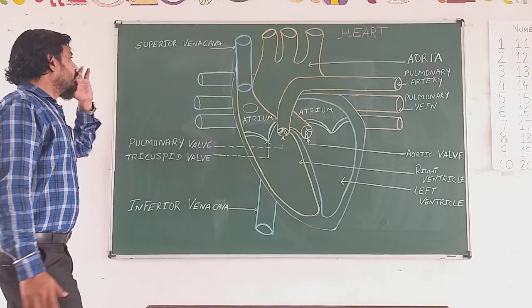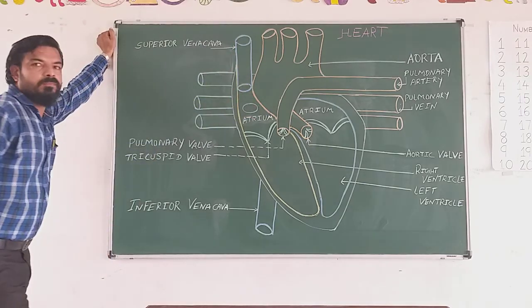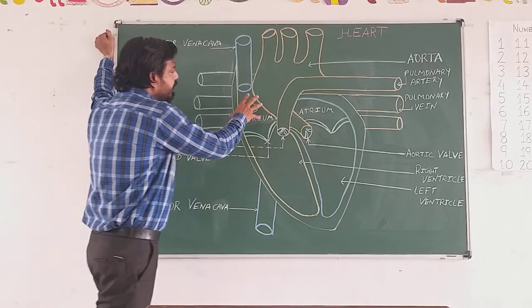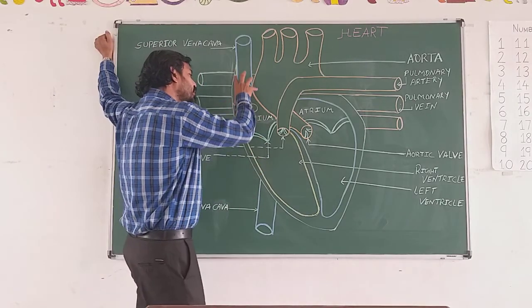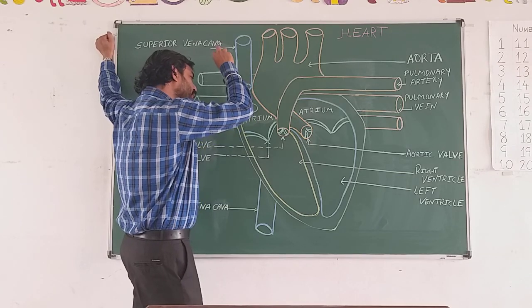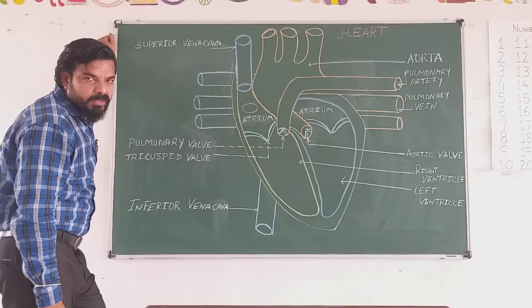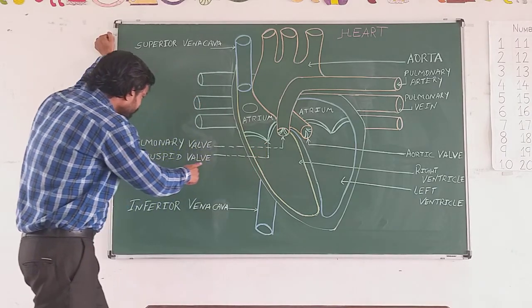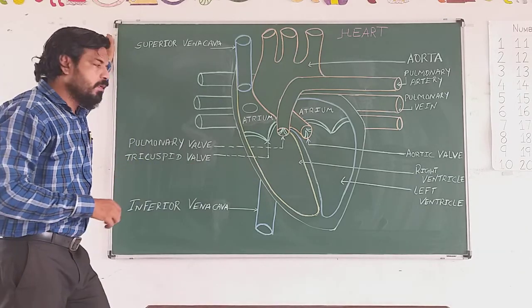Now, when this blood comes to the right side of the heart, it collects and is stored here, and then the blood flows forcefully on the right side. Now here you can see the tricuspid valve. What is the tricuspid valve?